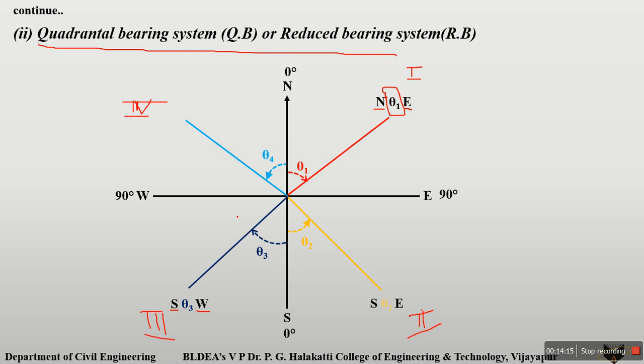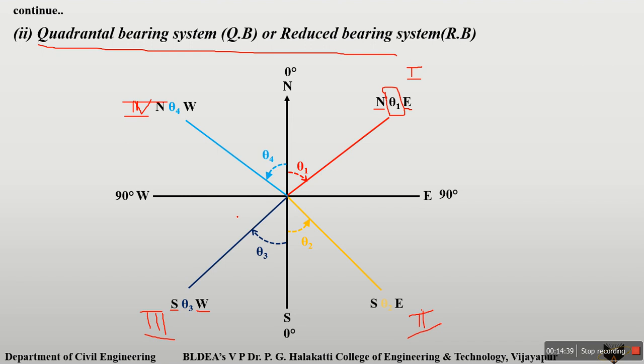This is theta 4. We can write this as N theta 4 W. So likewise, we are measuring the bearings with respect to the whole circle bearing and quadrantal bearing systems.